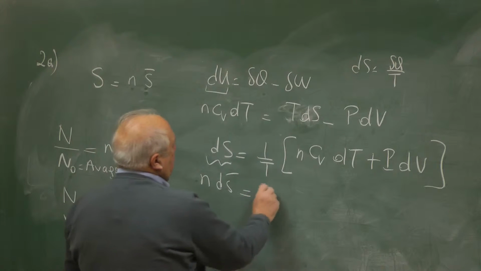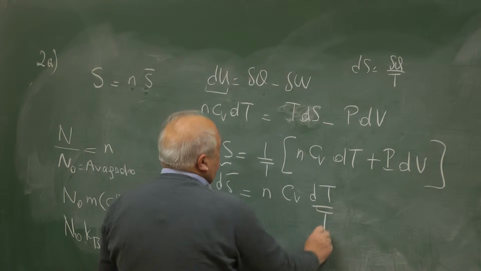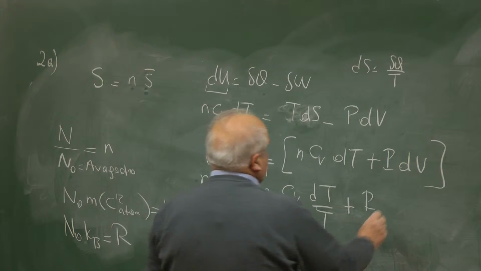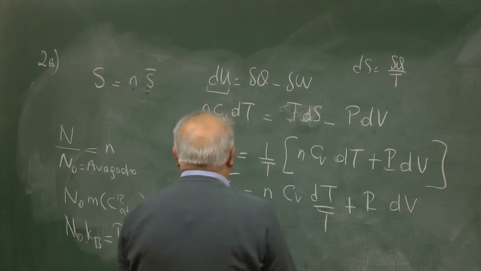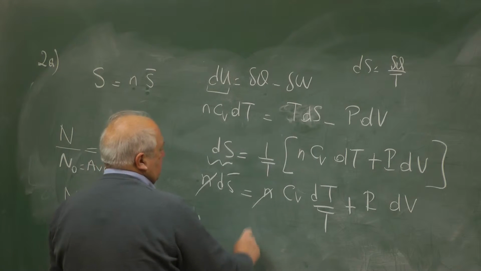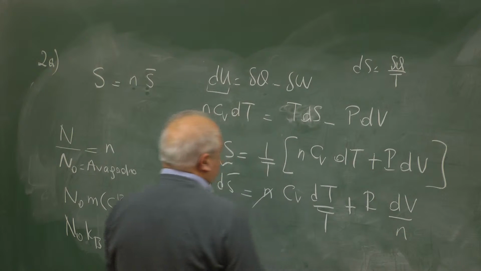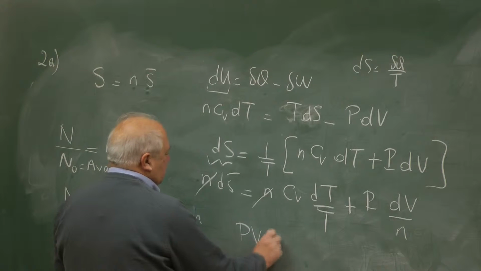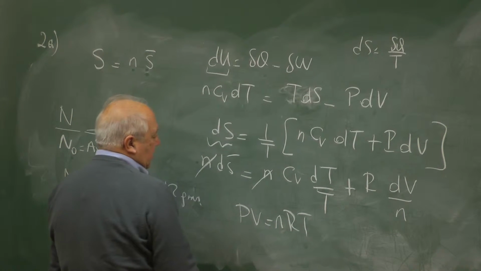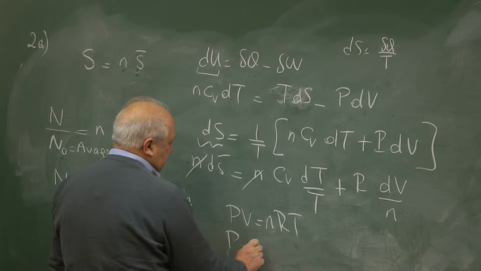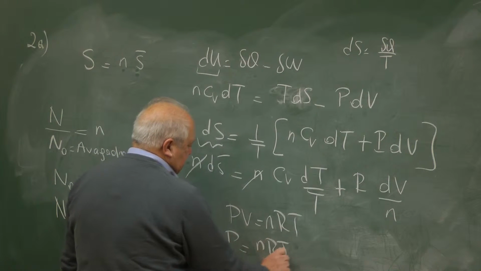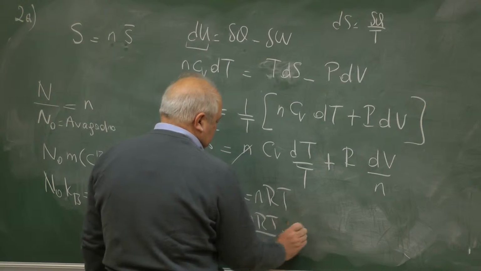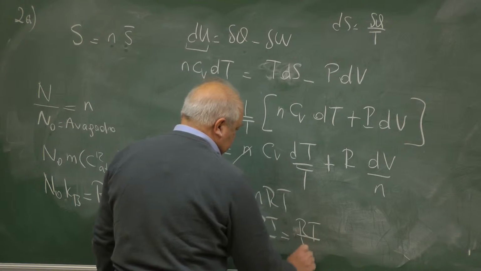That's equal to n CV dT over T plus P dV. So we divide by n. And PV is equal to nRT. Therefore, P is nRT over V, which we can also write as RT over V over n.